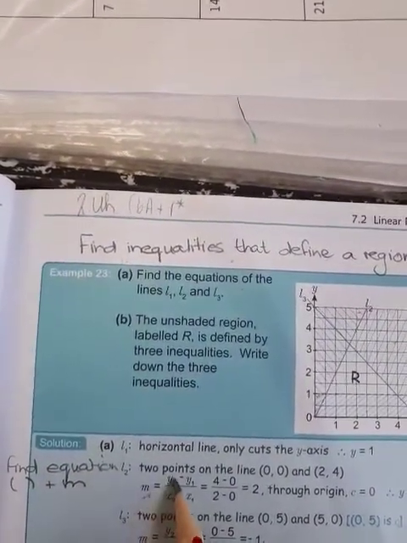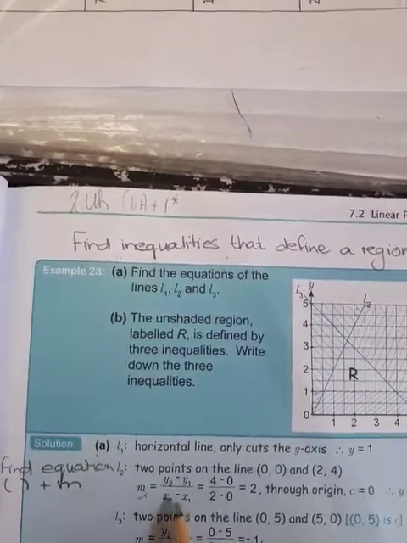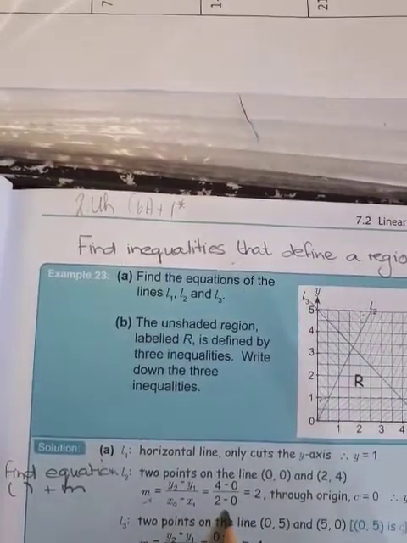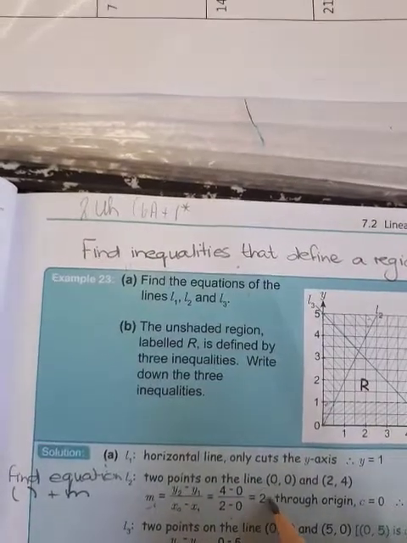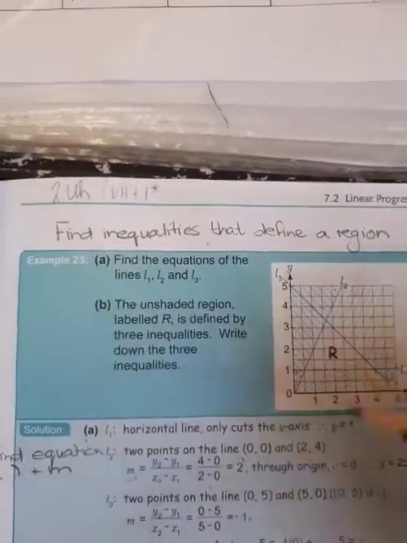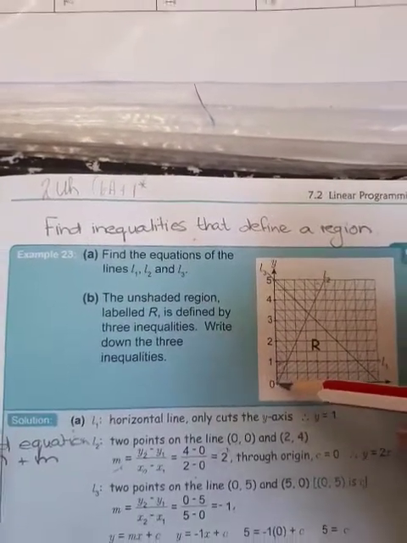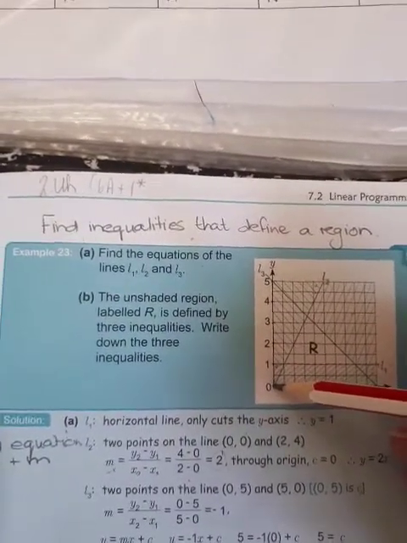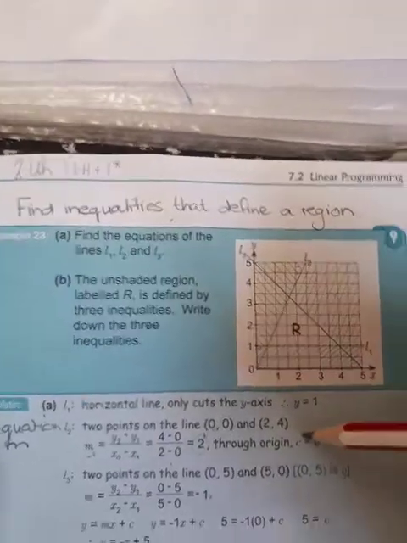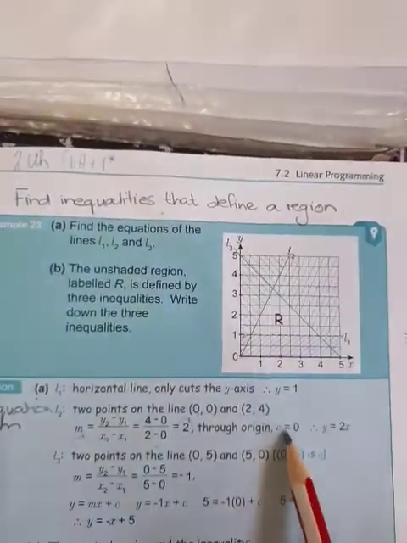Okay, and the gradient is y change over x change. You take your coordinates, you substitute the values, and you get the gradient being 2. Now, because the line cuts the origin, so the y-axis is cut at 0, we therefore know that c is 0.